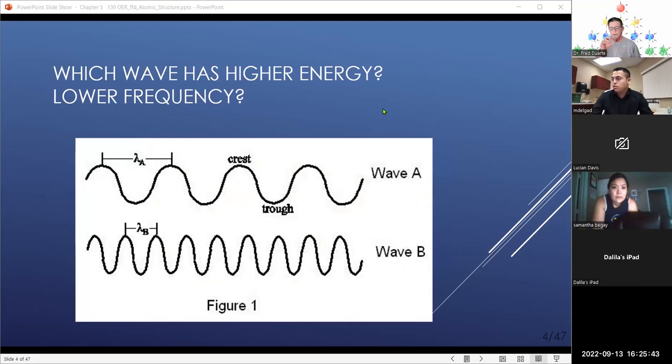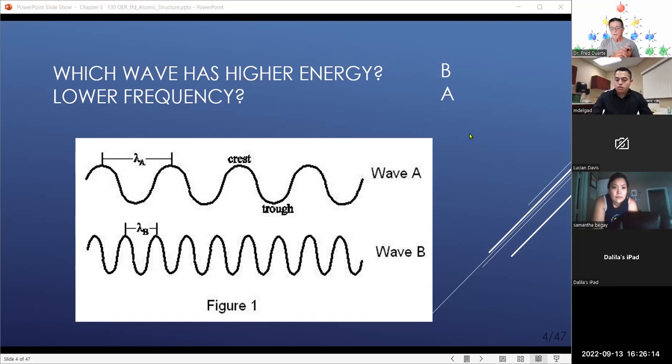With that in mind, you can look at a diagram and be able to answer the questions just by inspection, just by looking at it. You can see that the wavelength of A compared to B is much bigger. The distance between the two hills, okay? So that's associated with it. A long wavelength on top means a low energy compared to B. So B would have the higher energy because it has a shorter wavelength.